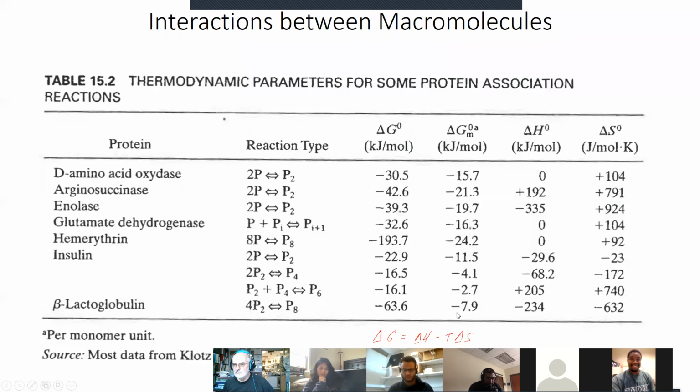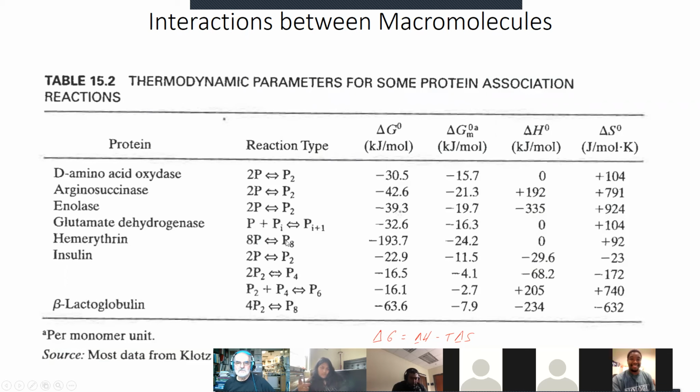Now, let me make one final comment here, and it has to do with this per monomer. The per monomer is supposedly giving you some sense of the magnitude of the favorable interaction and how that favorable interaction will vary on a per monomer basis. So if you have 8 monomers involved or 2 monomers involved, does the energy seem to make sense?